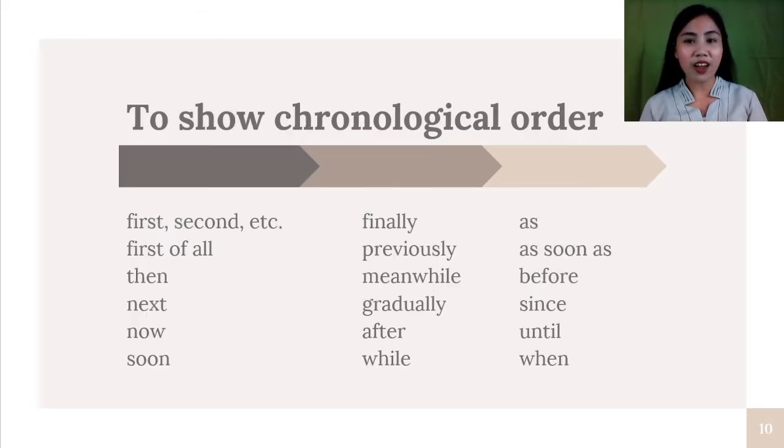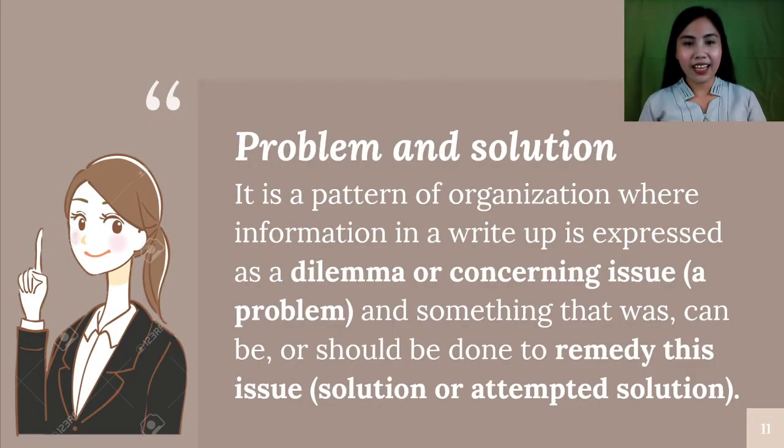And to show chronological order, you may use first, second, etc., first of all, then, next, now, soon, finally, previously, meanwhile, gradually, after, while, as soon as, before, since, until, and when.